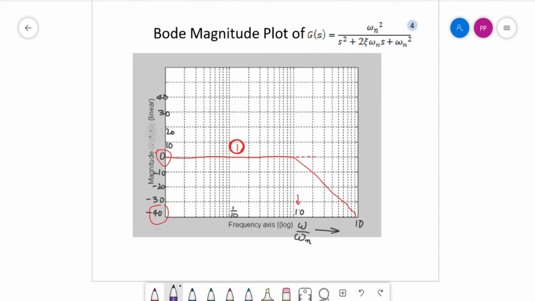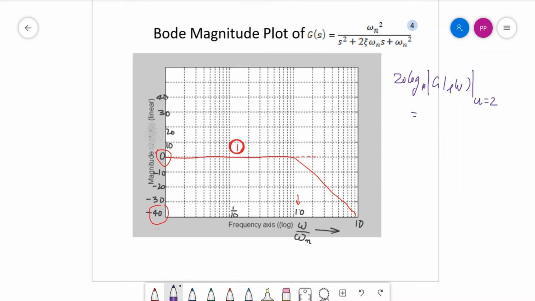Now to find the actual plot for this, we have to find out 20 log base 10 of mod G at j omega for u equal to 2, right?